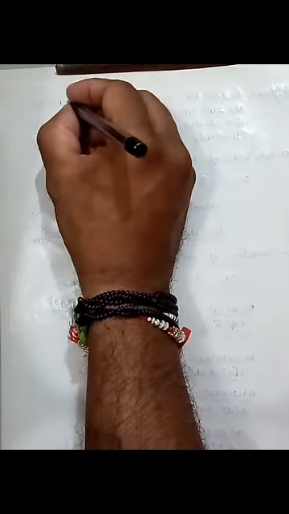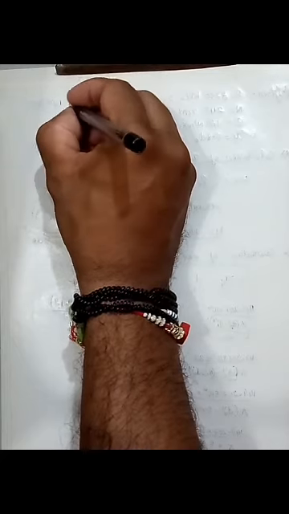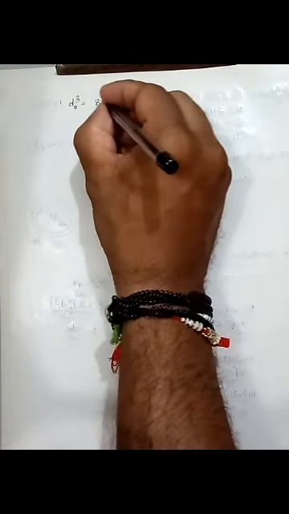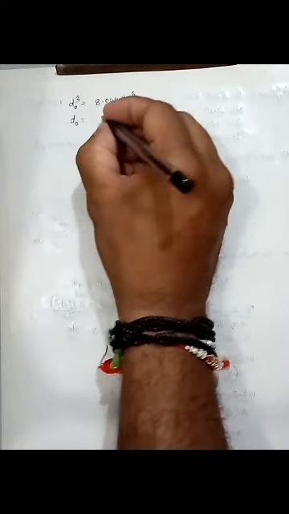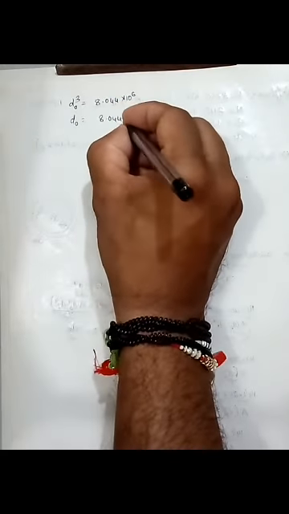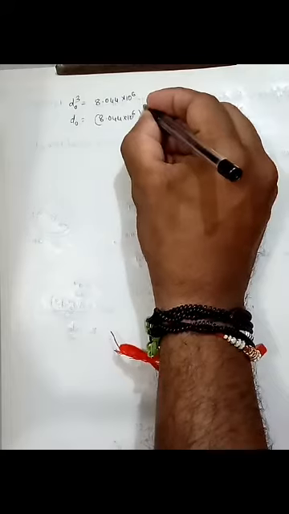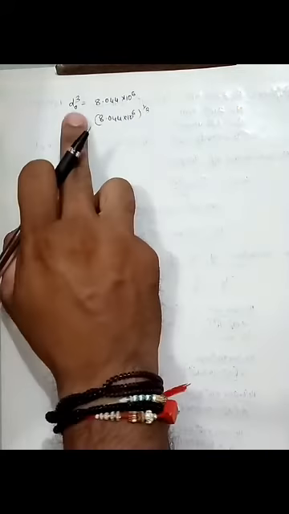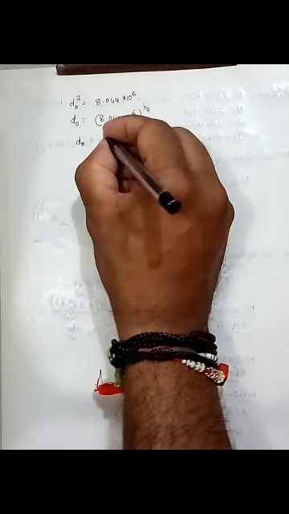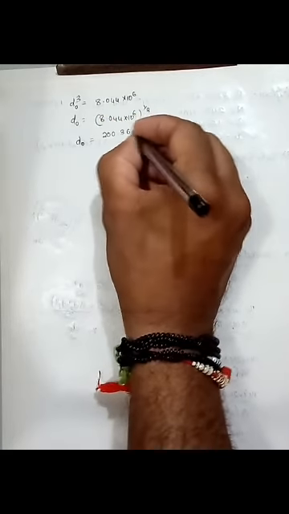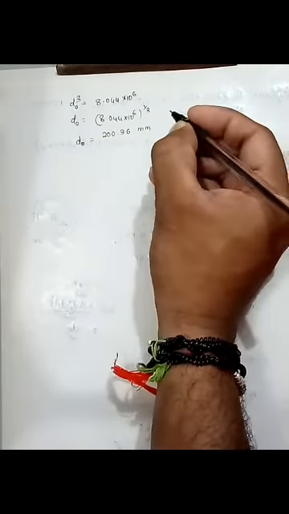Therefore I can write do cubed is equal to, if I solve the left hand side part, I will get 8.044 into 10 to the power of 6. So do is equal to 8.044 into 10 to the power of 6 raised to 1 by 3, because do cubed. Therefore do is equal to 200.36 mm outer dia.